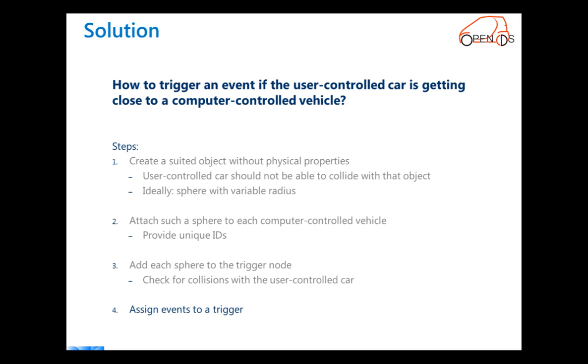What we have to do now is just to assign events in case the driving car has hit any of the yellow triggers.